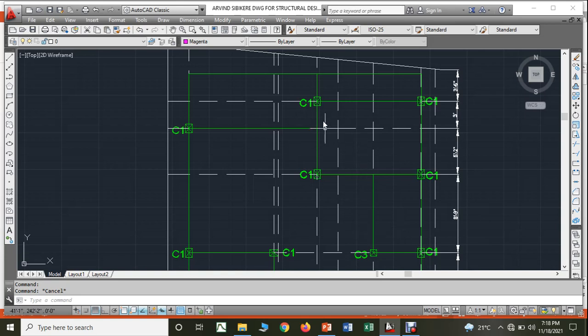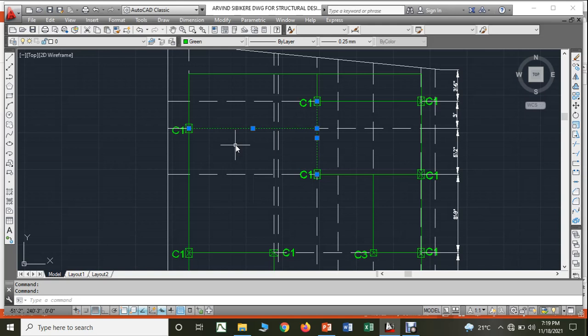For example, if this beam has a depth of 500 mm, then the depth of this beam should be equal to 500 mm or less than 500 mm. It cannot be more than 500 mm. If you do it like that, then definitely the beam is going to fail.